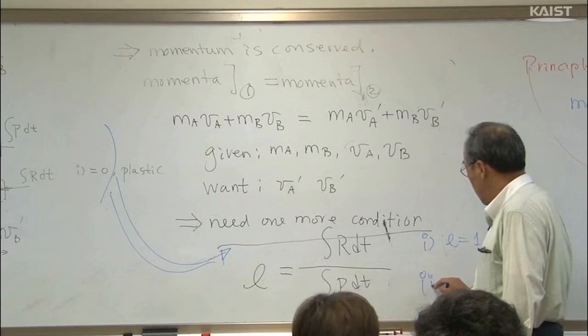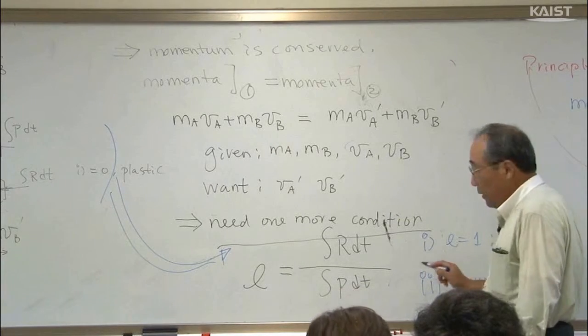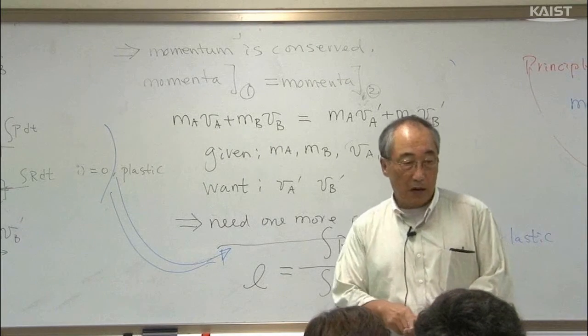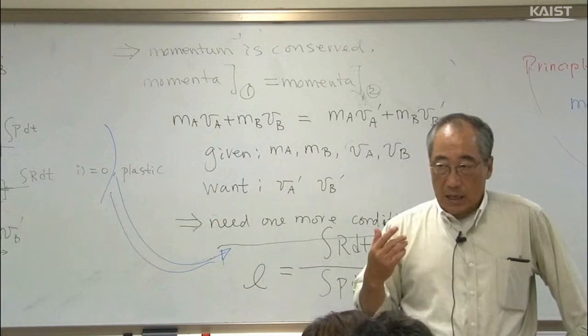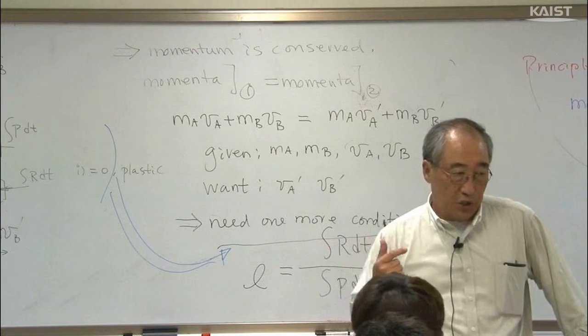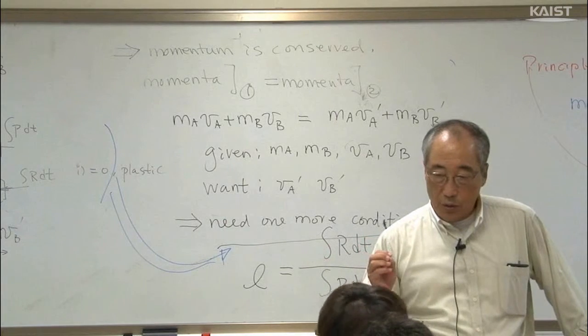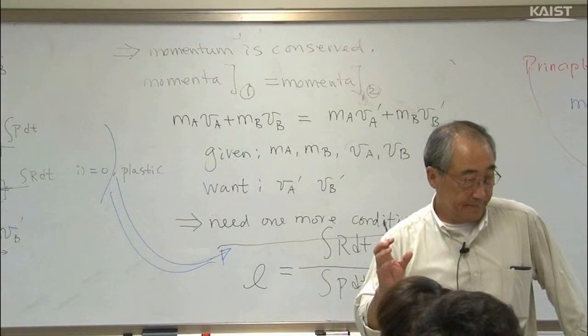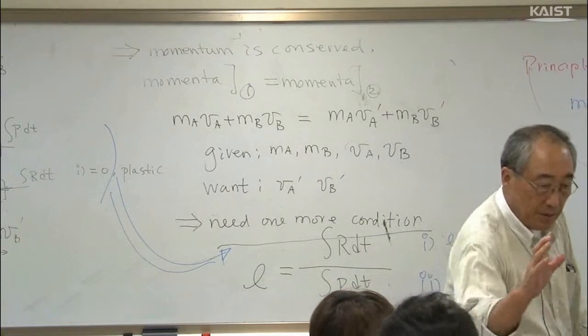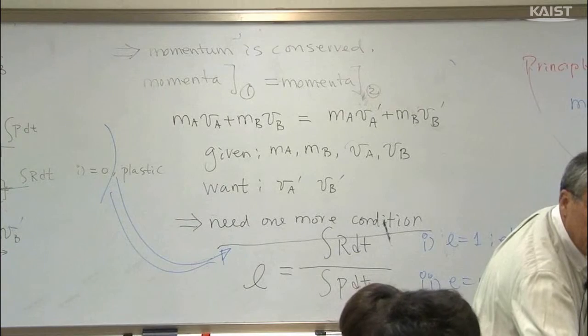If it is 0, that means the integration of R dt, in other words the force exerted by each of the two masses when they are released, is 0. That means plastic, right?